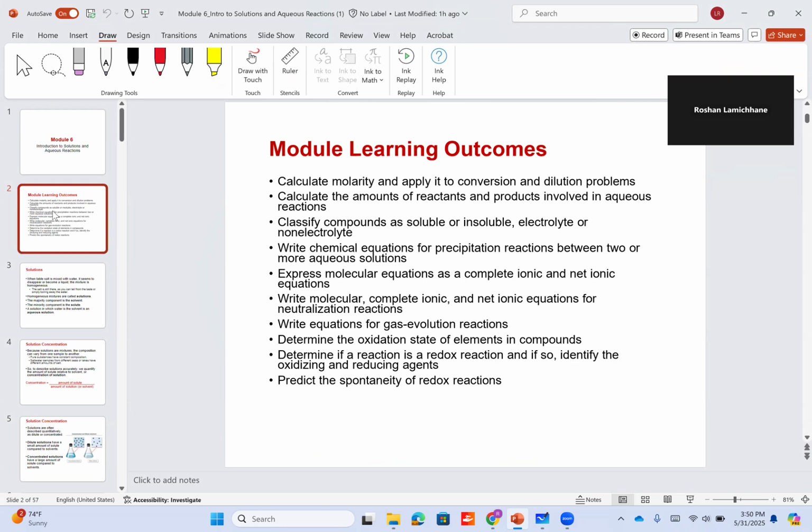I will go into slightly more depth on, for example, how to write a complete ionic equation, how to recognize a redox reaction, how to calculate the oxidation number of different elements in a chemical reaction, and so on. But definitely what you've learned in C101 is going to come in very, very handy here.